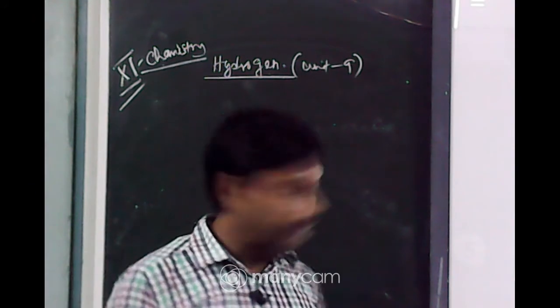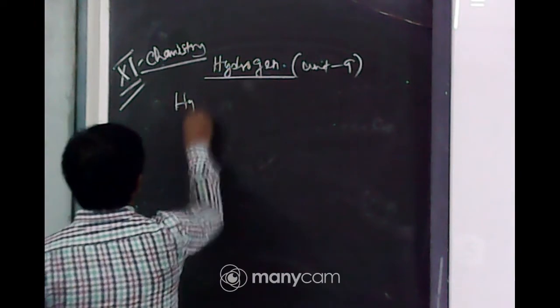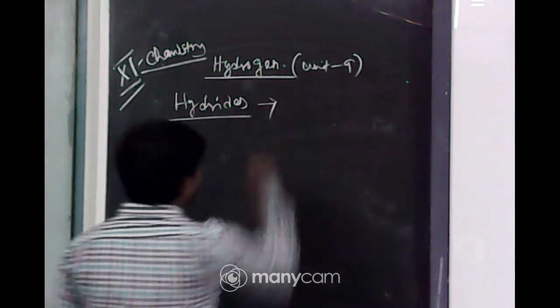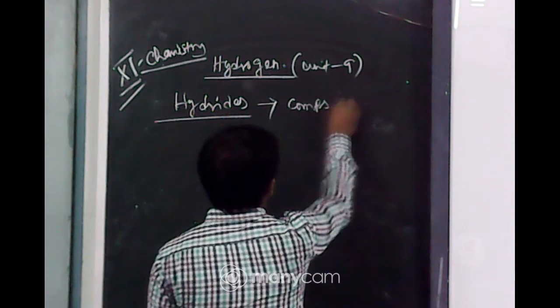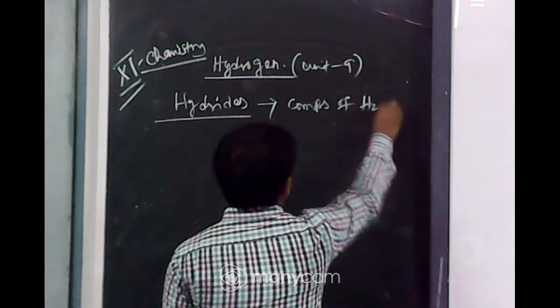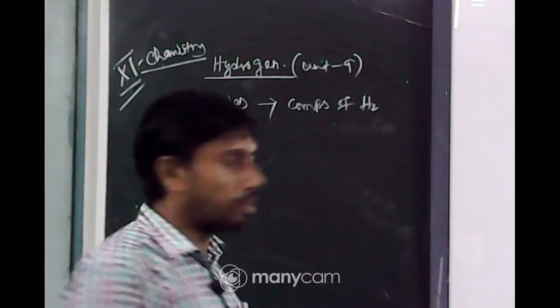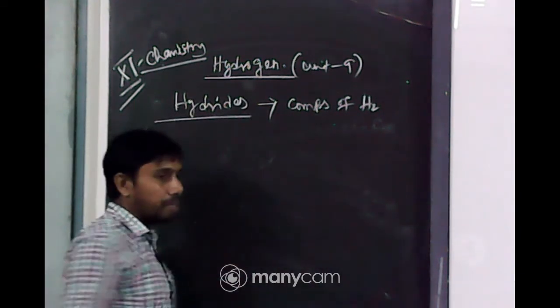Now, hydrides. I will discuss from hydrides. What are hydrides? They are compounds of hydrogen. In the periodic table, the elements have different properties.